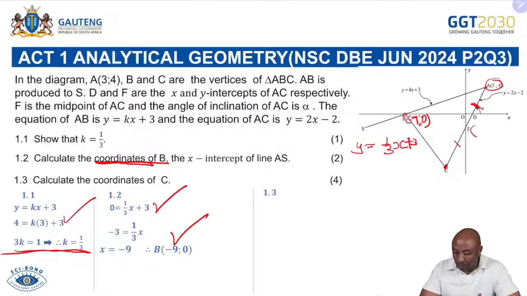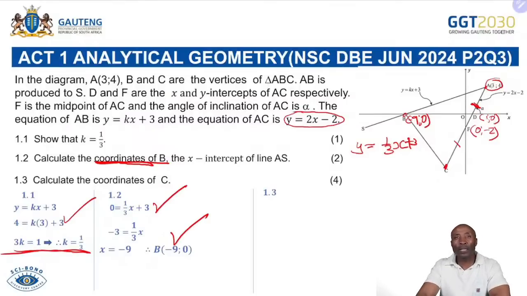We let x to be 0. We use this equation there. And we'll get the coordinates of F as 0 and negative 2. The coordinates of D, we are able to see that D is the x-intercept, and this will give us 1 and 0 like that. Please add information to your diagram. It will make your life easier.